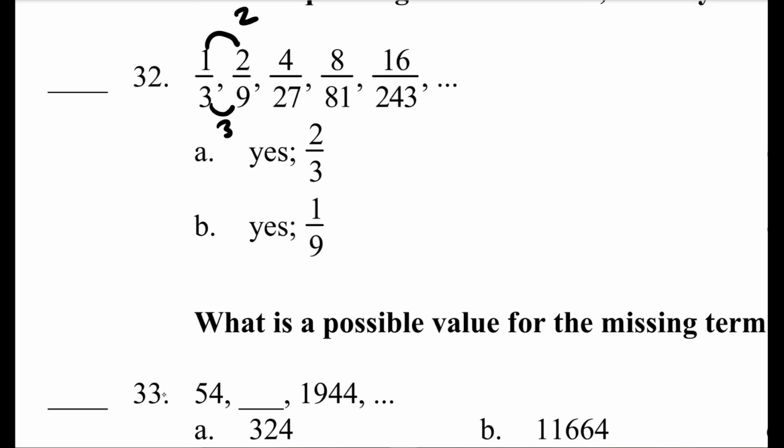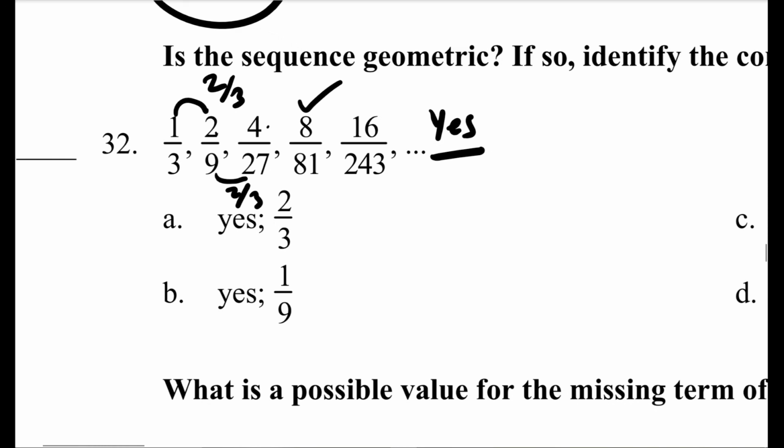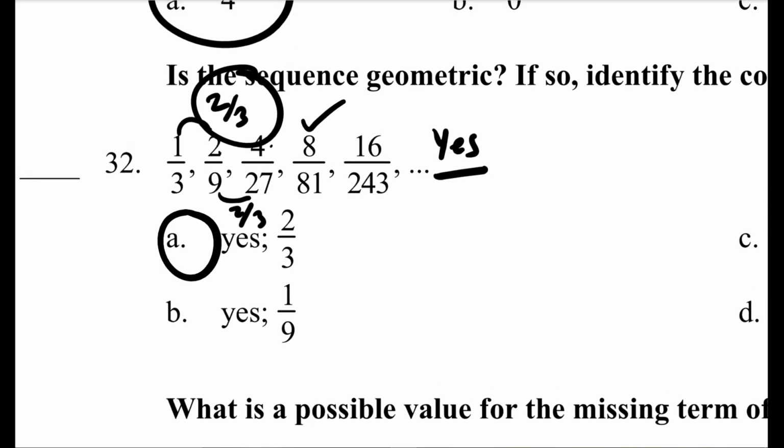So basically, in total, I multiplied by 2 over 3, right? 2 over 3 times 1 over 3 is 2 over 9. If I continue that pattern, if I multiply by another 2 over 3, that will give me 2 times 2 is 4, 9 times 3 is 27. So this actually does check out. So yes, it is a geometric sequence. And what is the common ratio? 2/3. Pretty simple.